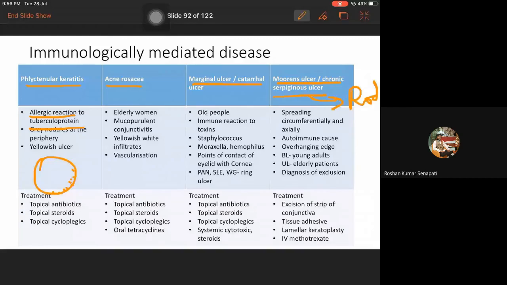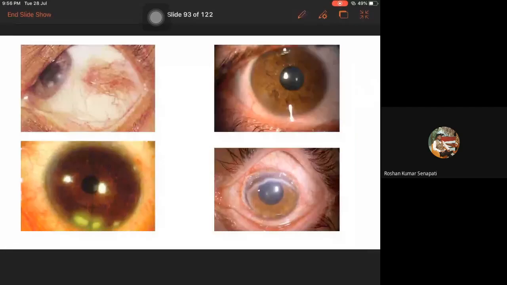They will get ulcerated and form yellowish ulcers. This is the typical presentation of phlyctenular keratitis. Here you can make out there is a phlyctene on the conjunctiva and also at the limbus. There are ulcerous lesions because of the phlyctenular keratitis.